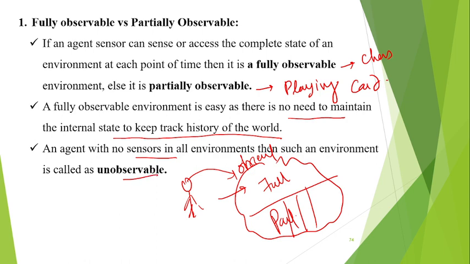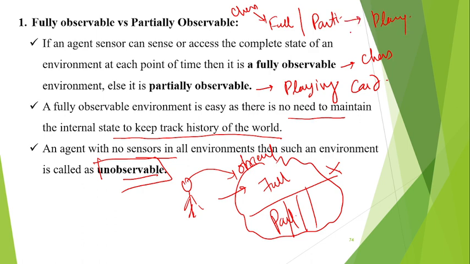Means if nobody is able to observe or sense this environment, we call it an unobservable environment. So we have fully observable, which can observe the full environment; then partially observable, which can observe part of the environment; and unobservable, which cannot be observed. For fully observable, we take chess as an example. For partial, playing cards. For unobservable, it's nothing; we cannot observe that environment.